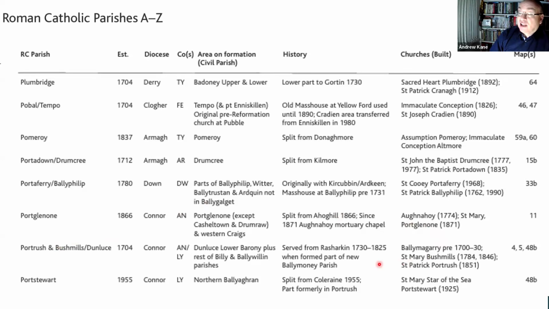So then it wasn't until 1825 that the parish started to be broken up. So you can see there evidence of what churches were in the parish going back to 1700.